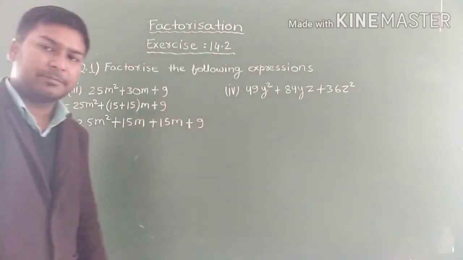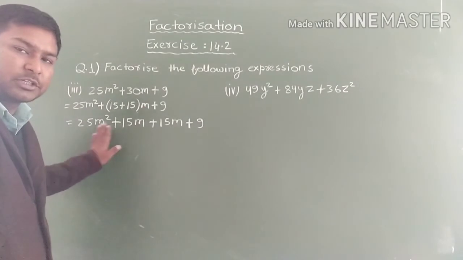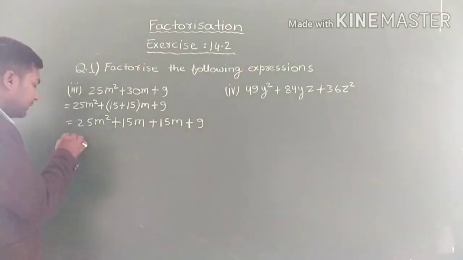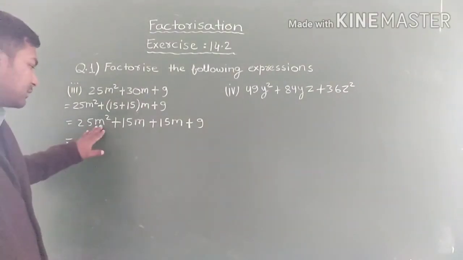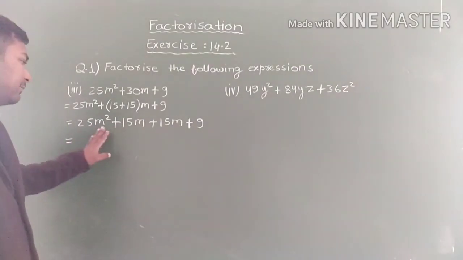Now the next step, same process. Take common from the first two terms, 25m square and 15m. What is common? 5m is common here.